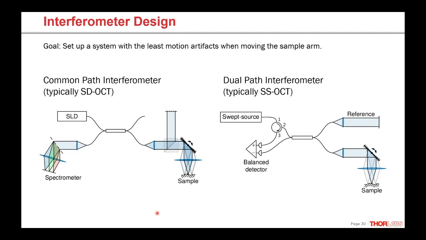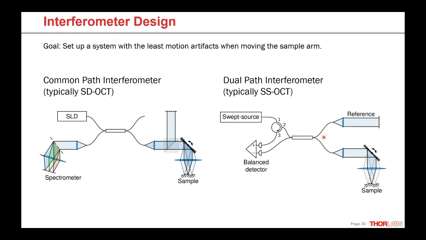In the common path interferometer, you create the interference pattern in the probe head, and you have just a beam splitter, and this happens before the light is coupled into the fiber. So you can imagine if you move the probe head around and you move the fiber, this does not affect the interference pattern that you generated here.